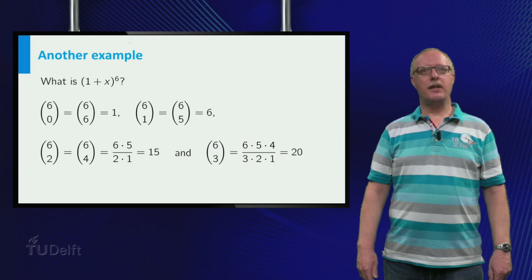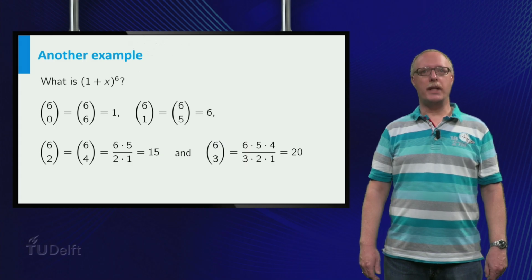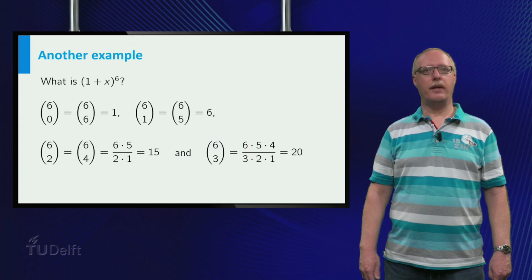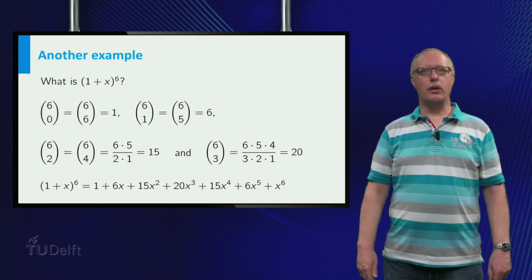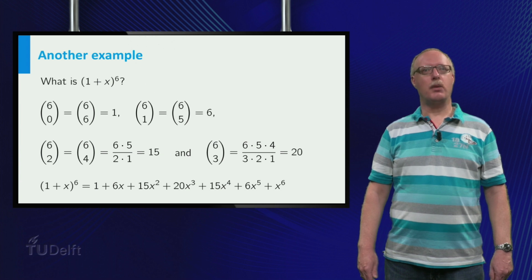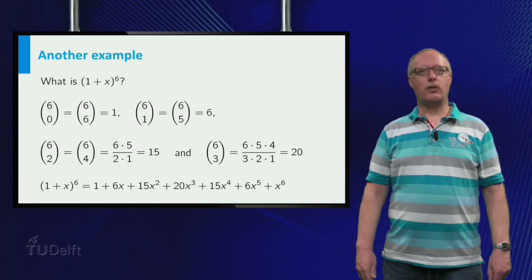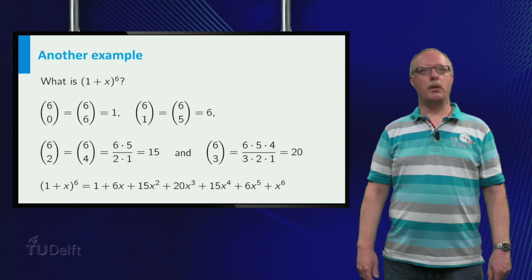And finally, 6 choose 3 equals 6 times 5 times 4 divided by 3 times 2 times 1, which simplifies to 20. So we conclude that (1+x)^6 is equal to 1 + 6x + 15x² + 20x³ + 15x^4 + 6x^5 + x^6.